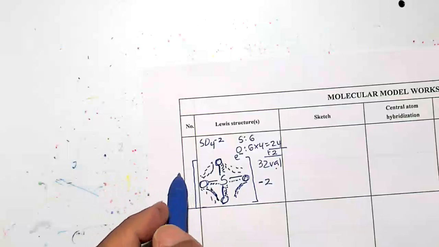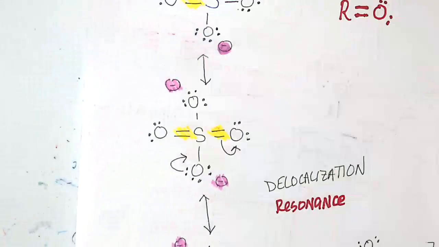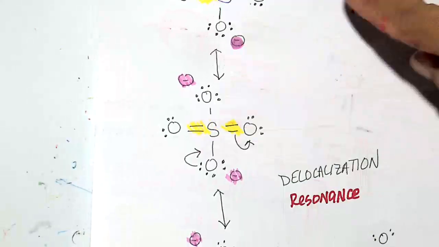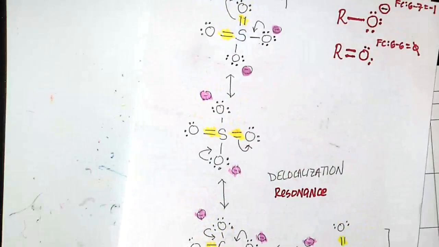All right. This in your textbook is basically the depiction of this. Okay, all the -2 charges are equally dispersed, and all the double bonds are equally dispersed. All right. So we have a special case of resonance here.